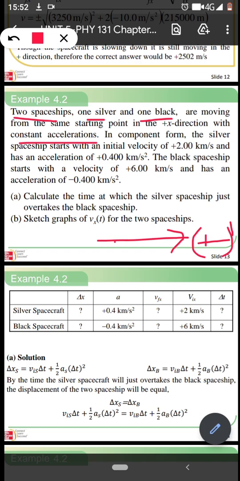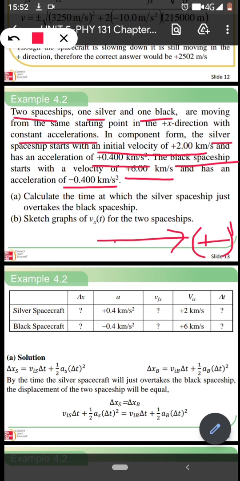In component form, the silver spaceship starts with an initial velocity of positive 2 kilometers per second and an acceleration of 0.4 kilometers per second squared. Then the black spaceship starts with an initial velocity of plus 6.00 kilometers per second and has an acceleration of 0.4 kilometers per second.